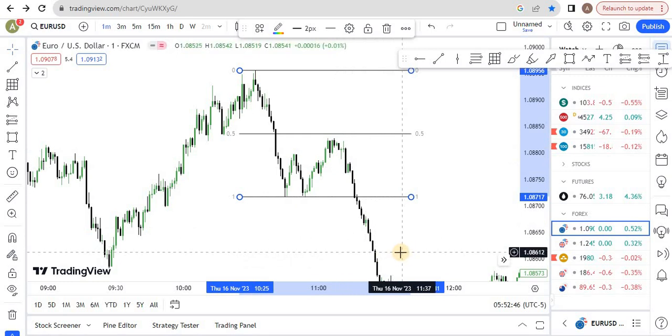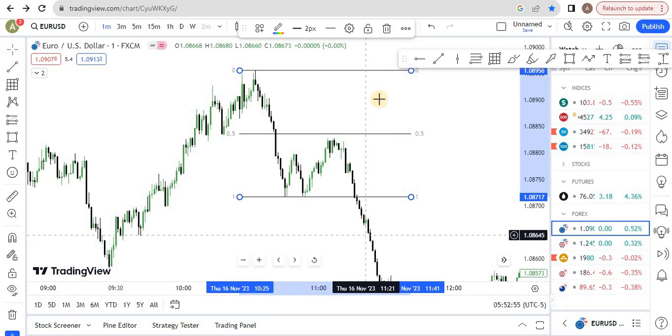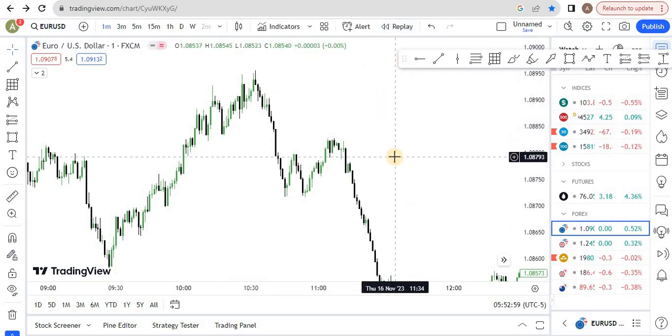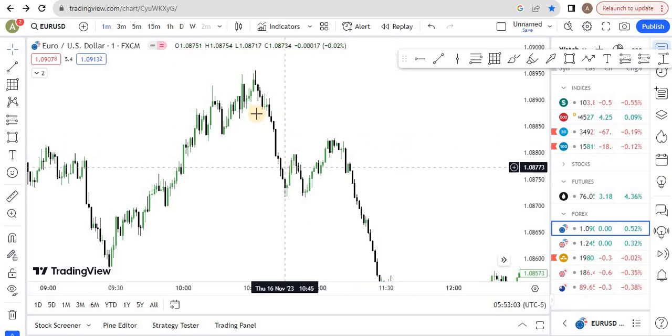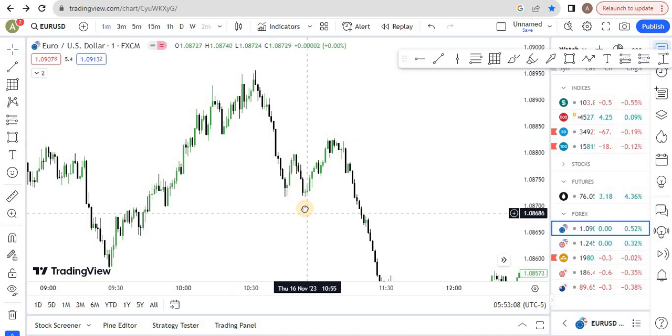It doesn't mean this will not work, but everything has a probability. These setups have a 50 to 60% probability if you stick with the risk reward. It's not random, like buying a prop firm account with $10,000 and risking 3-4% on a random buy and sell click. That doesn't work. So stick with your plan.